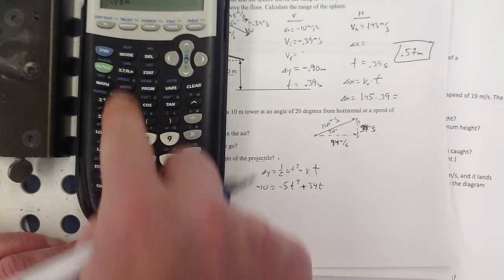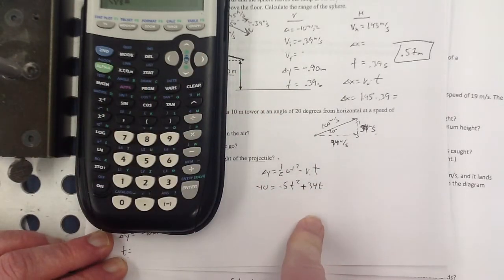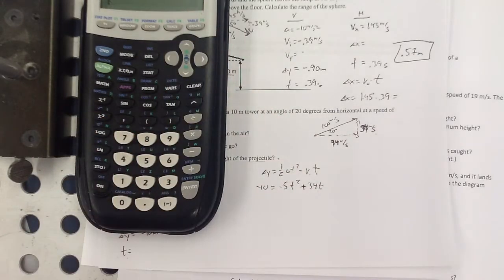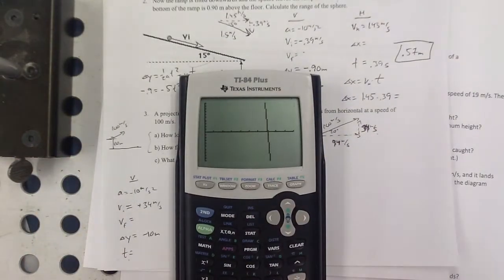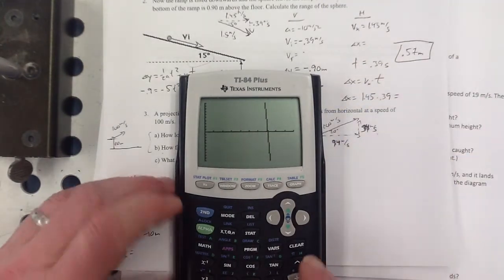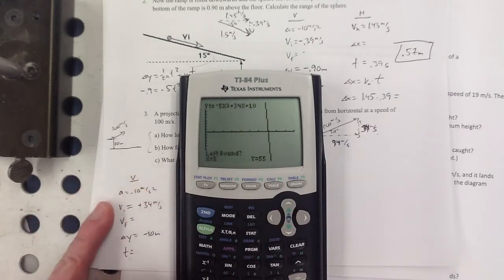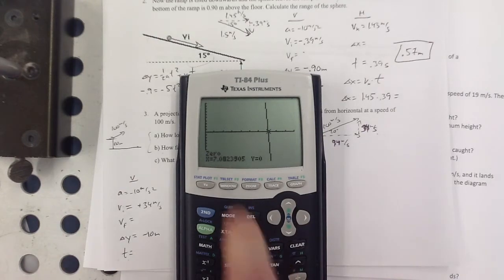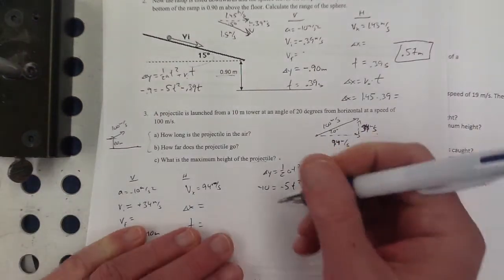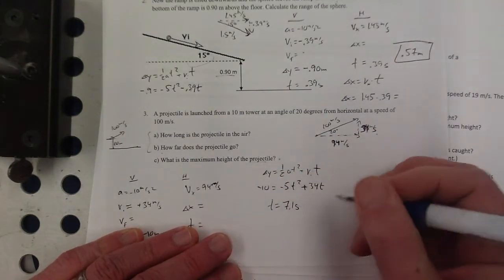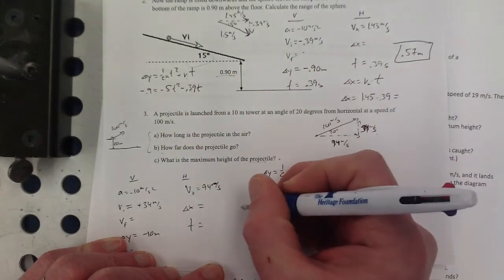Plus 34 t and plus 10. So that looks like it crosses there, and it's still between 0 and 10, so I can do exactly the same thing. Find my 0, left bound 0, right bound 10, 7.1 seconds. And so that's the answer for part A, right?